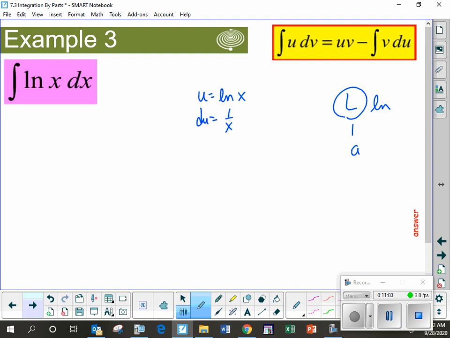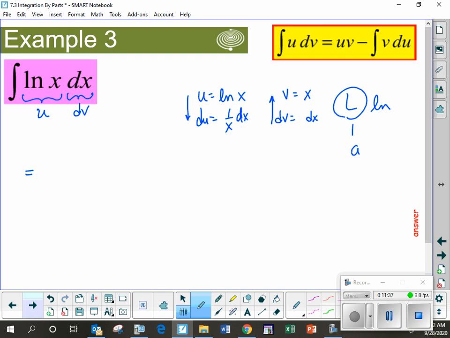Since that's what we're trying to integrate in the first place. du equals 1 over x dx. And then dv would have to be the dx. And then integrating that would lead me to x. Remember, this one we're going uphill, this one we're going downhill. We're taking derivative on the left and integrating on the right. So how did I do that? I said this is my u and this is my dv.